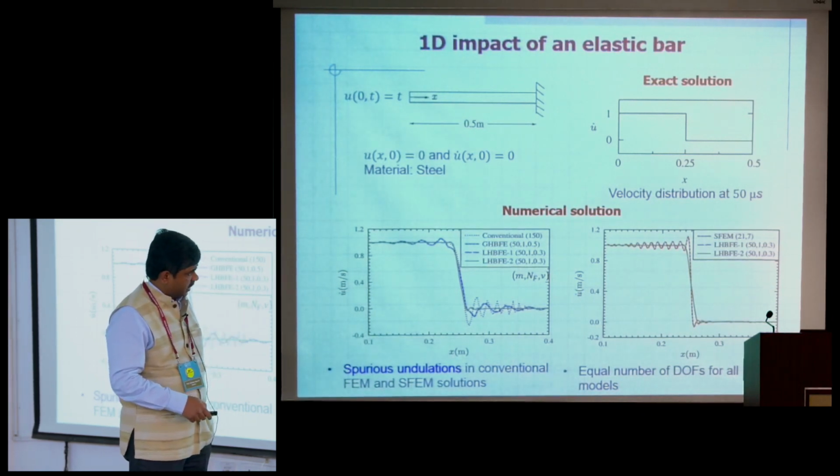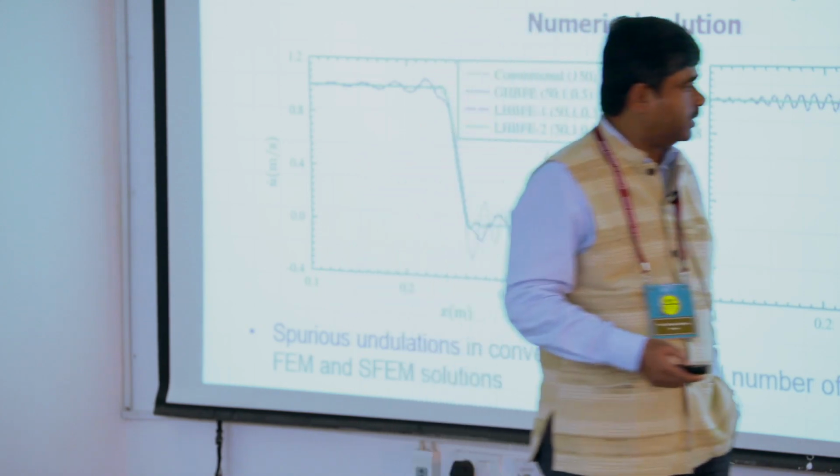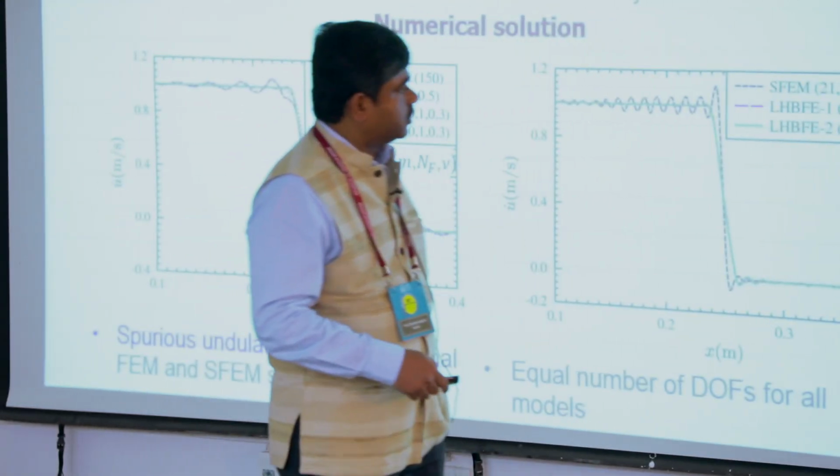This is the blue one. Again, it's not so good, slightly better, but still a lot of waviness is there. And then these are the two models that we saw, and we see that the green model is the best one, which virtually removes the spurious oscillations.